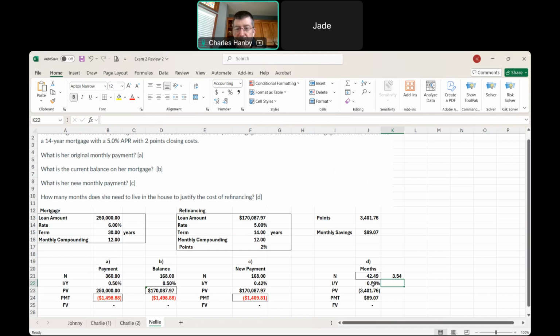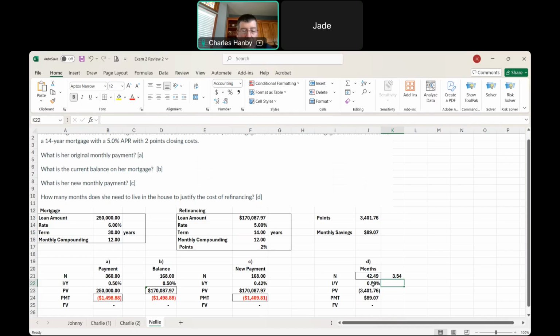So if you pay it off before then, they make out. That's what they're betting on when they give you a low rate in exchange for points. They're thinking that you're going to refinance or you're going to sell the house.